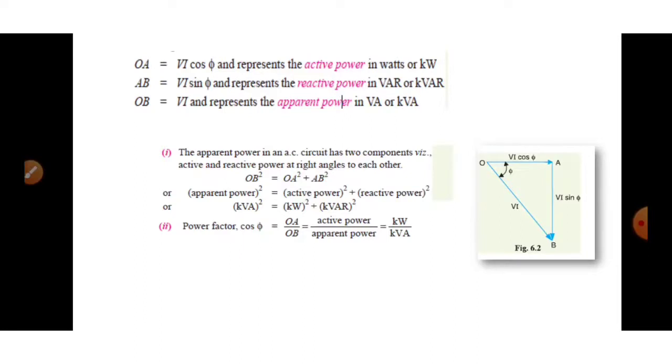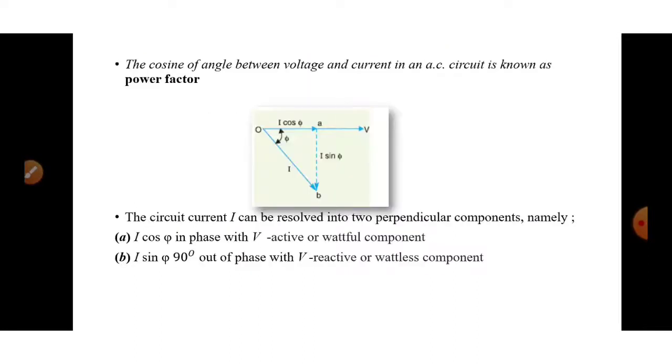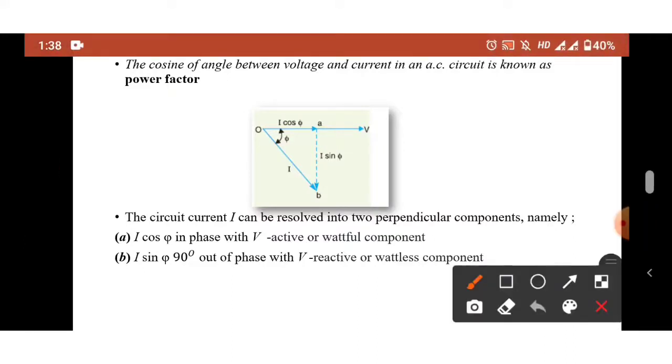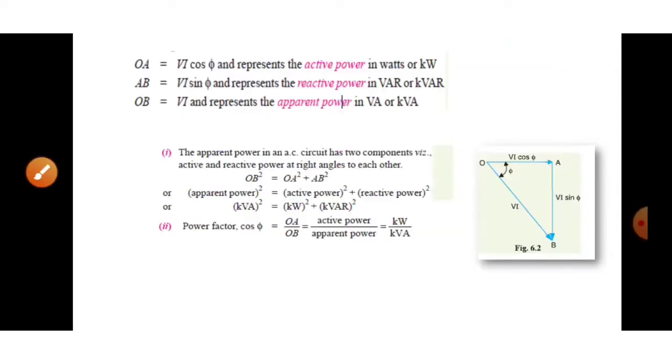Now let us consider the power triangle. Power triangle is obtained from this phasor diagram. Multiply each with voltage V. Then we will get power triangle. So this is the power triangle.